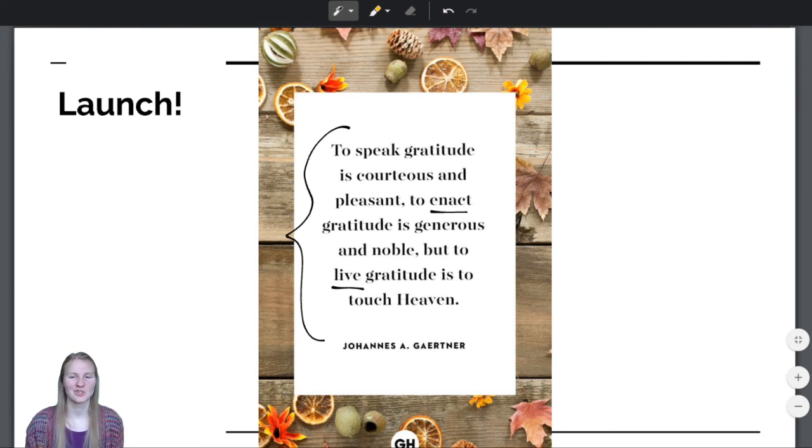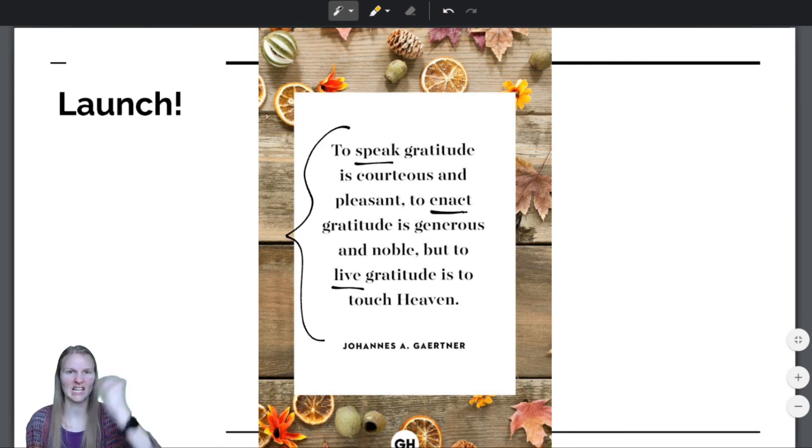I think this launch is very interesting. You can speak gratitude. You can tell someone, I am thankful for you. Express your gratitude verbally. And that's courteous and pleasant. That's a nice thing to do. If you show that you are thankful with your actions, that's generous and noble.